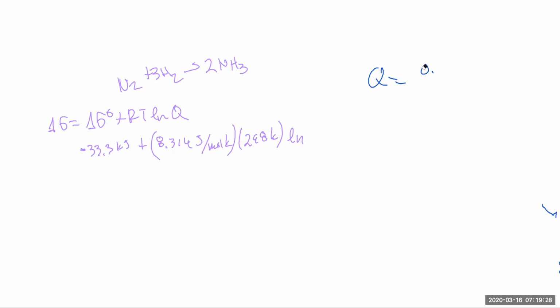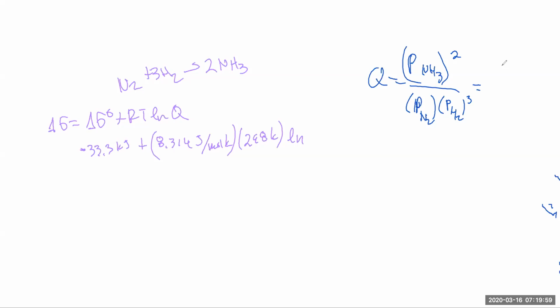We're going to have our NH3 concentration, or pressure, I guess, squared, right, our products, divided by our reactants. So we have pressure of N2, pressure of H2 cubed.